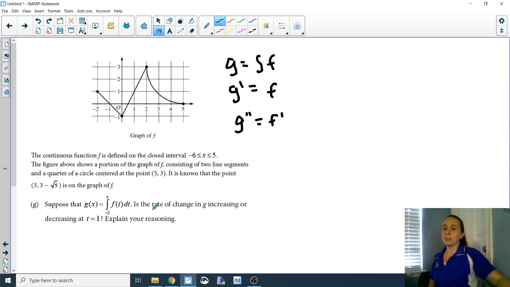Let's interpret this part. Rate of change in G. How can you write that? It's not G. It's not asking you if G is increasing or decreasing. Then it would just say, is G increasing or decreasing? It's saying, is the rate of change in G increasing or decreasing? So here's what it's asking you. Is G prime increasing or decreasing?